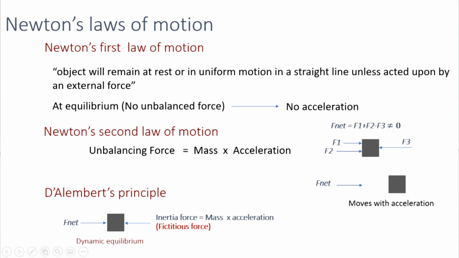That fictitious force is called inertia force, and it is equal to mass times acceleration. If there is only F net acting on this body, that means it's an unbalancing force, and it moves. Now if there is another force acting opposite and equal to it, the body is in equilibrium. So now we can solve this similar to a static problem.